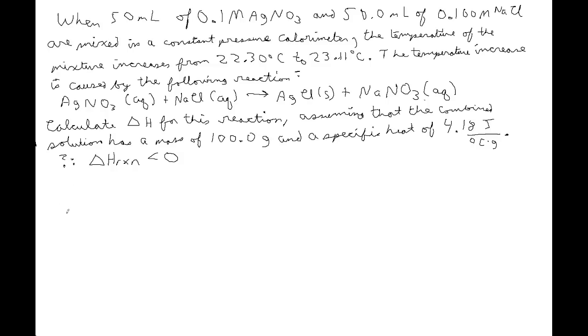So we can take 50 milliliters and multiply it by 1 liter over 1,000 milliliters and by 0.1 moles over 1 liter, and we get 0.005 moles. And they're both at a 1-to-1 ratio, so you have 0.005 moles AgNO3 and NaCl. Then we can figure out how many moles did you say you had? 0.005.